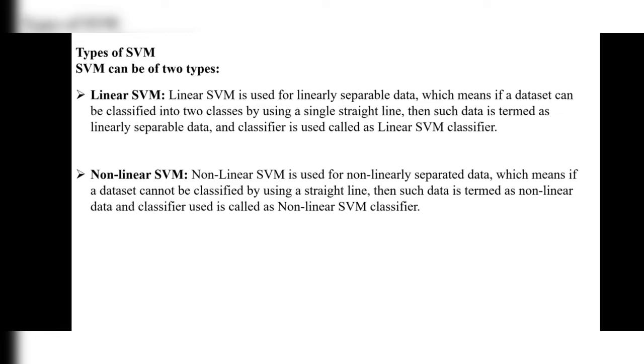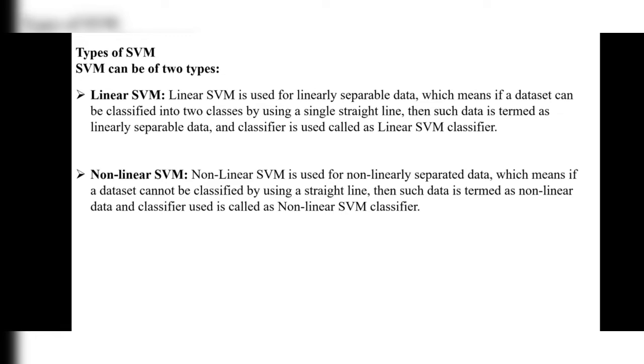That means when we have two classes, easily we can separate them by using one single line, then that is called linearly separable data. The classifier used for linearly separable data is linear SVM, support vector machine.